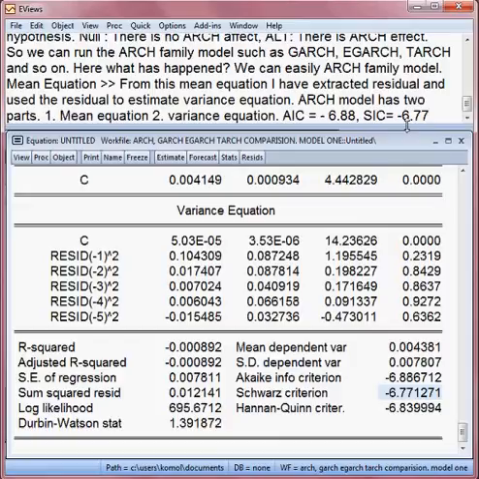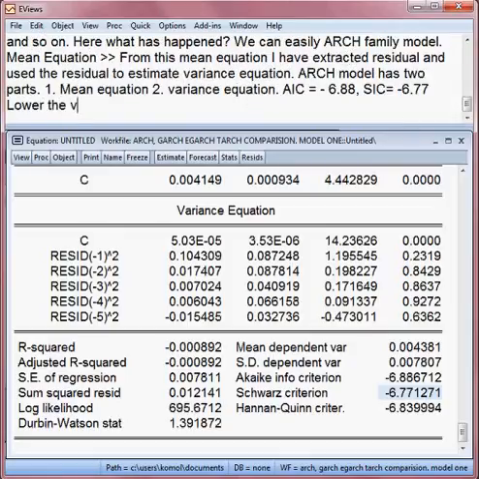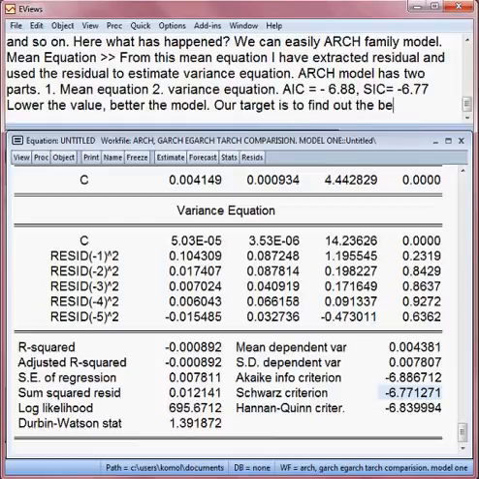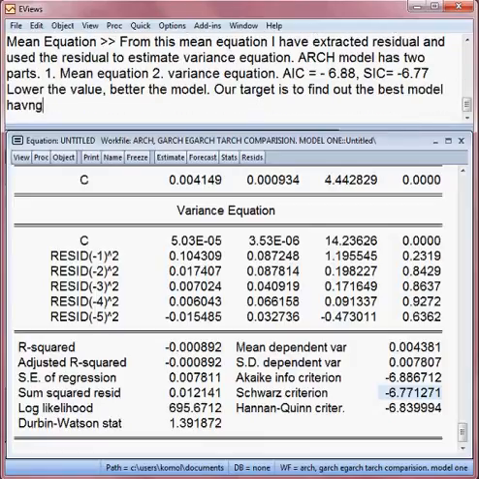And what is the guideline? The guideline is the lower the value, the better the model, all the time. And here our target is to find the best model having the lowest AIC and SIC value.